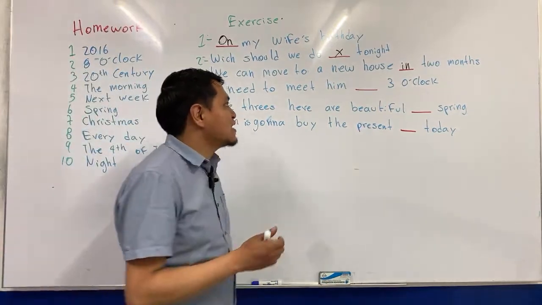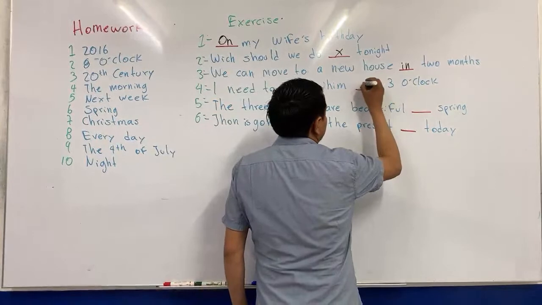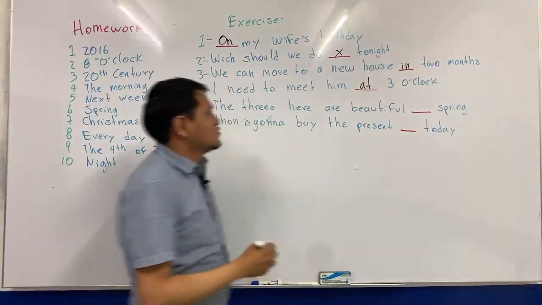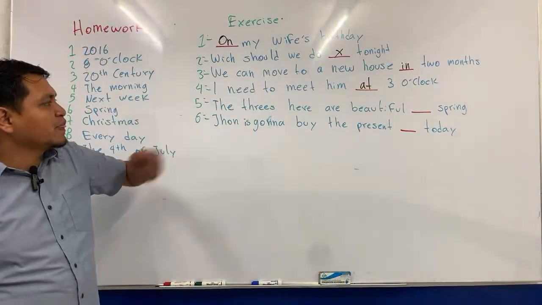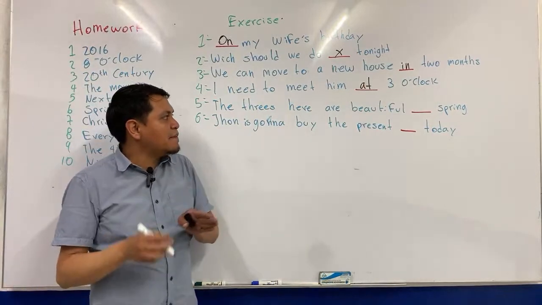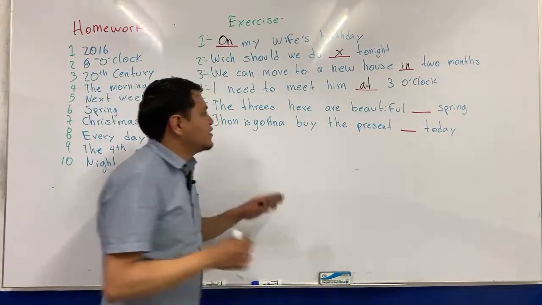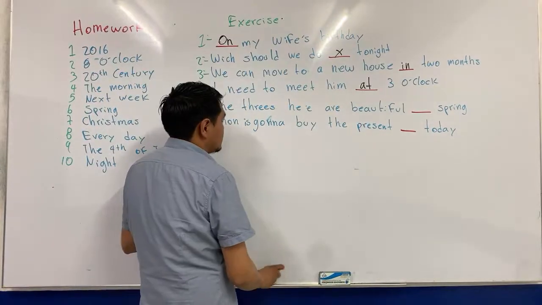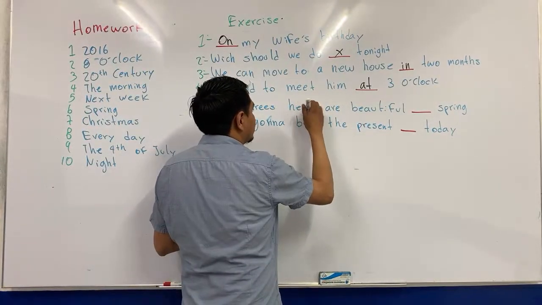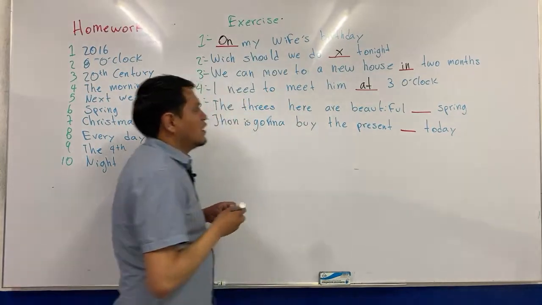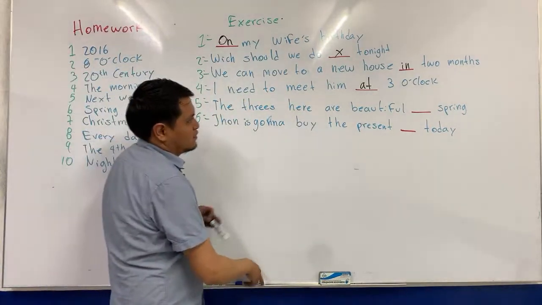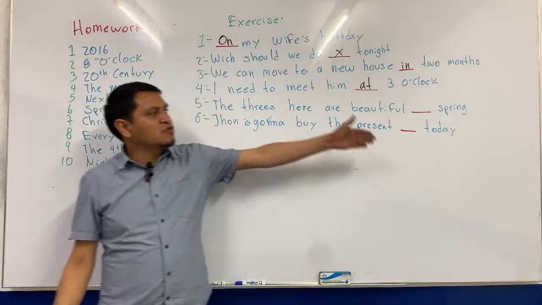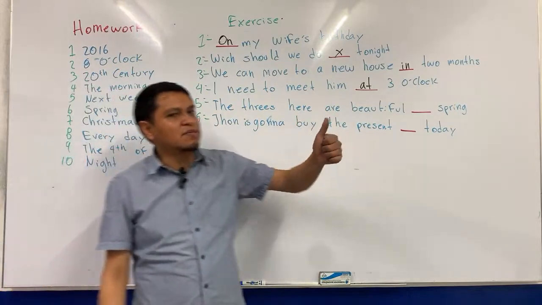For a precise time, at 3 o'clock. Next, the trees here are beautiful. What preposition of time do we need for seasons?